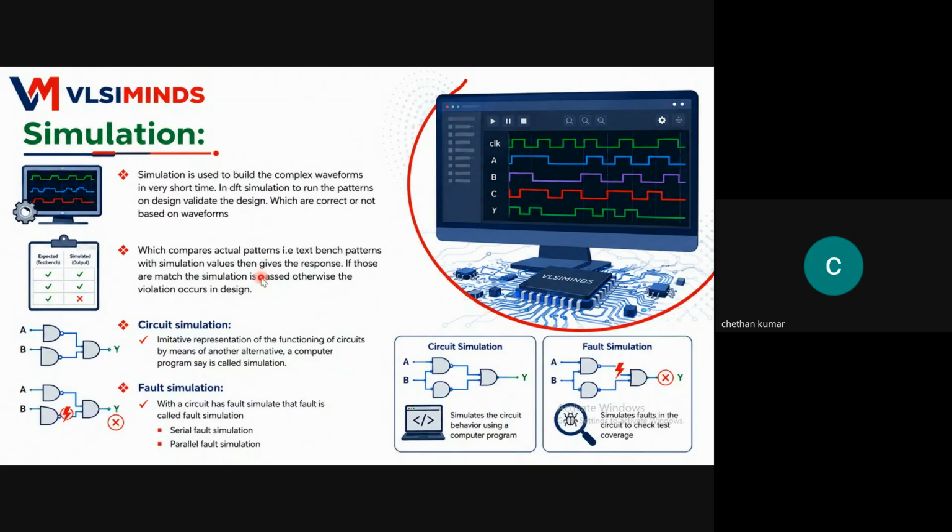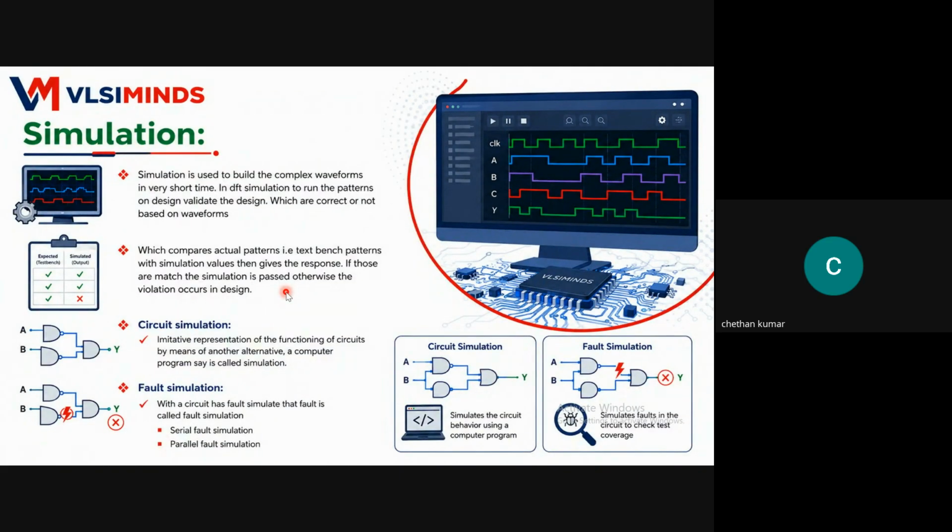If our patterns are not proper, it will be difficult for them to segregate, and some good chips may go under the faulty category. So to make sure, we should first simulate them in a simulator. If all the patterns pass, then we can deliver them to the ATE machine so they can apply those patterns to real silicon and segregate the chips by comparing with your actual patterns.